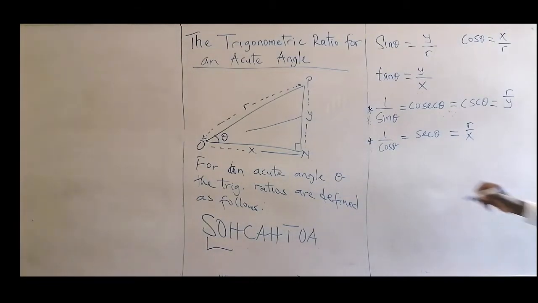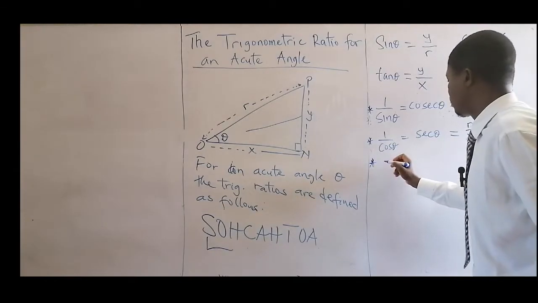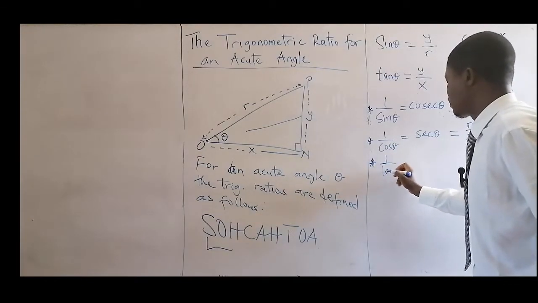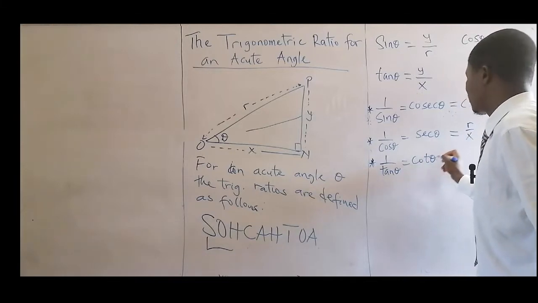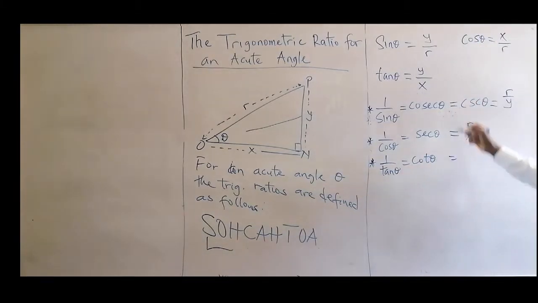And then the other one is 1 over tan theta. 1 over tan theta is called cot theta, which is also the inverse of tan. When I say inverse, we are placing one on top of it, and this flips upside down. And that will be x over y.